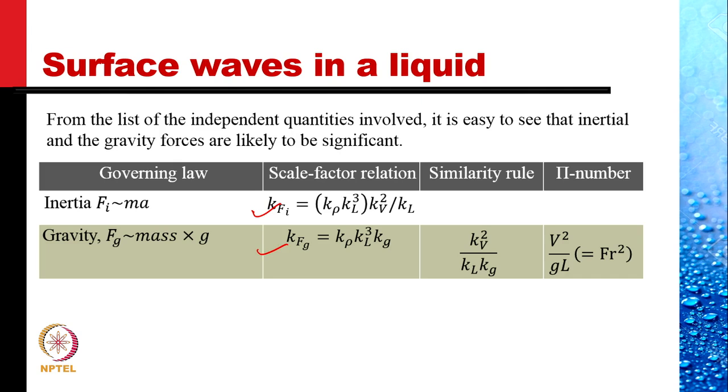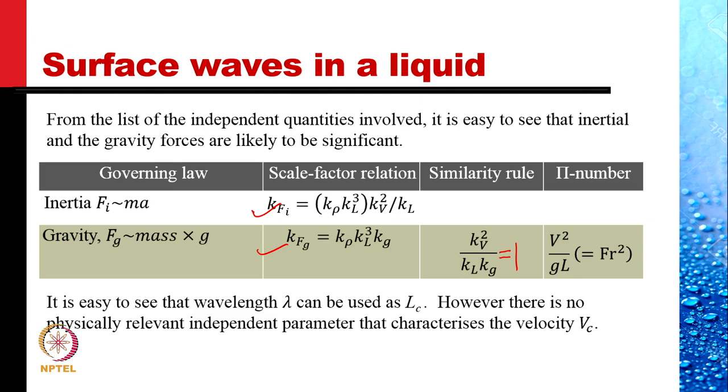And if we equate these two, we get a similarity rule that Kv square divided by Kl Kg should be 1. And from this, we obtain the pi number V square by gL, the square of the Froude number, as invariant.